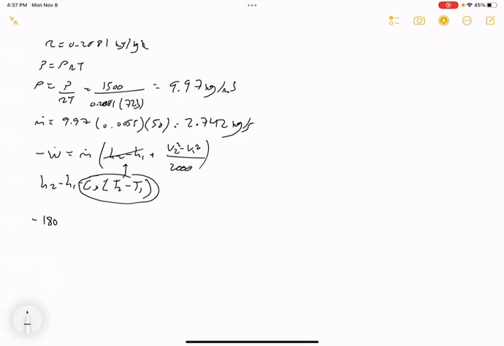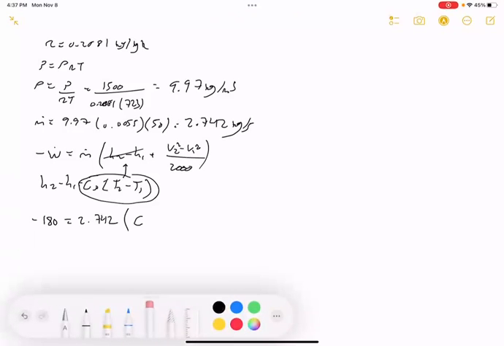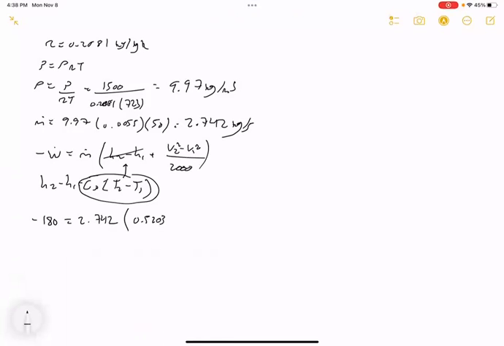So it's negative 180 kilowatts equals m dot, which we just found was 2.742, times this CP, which we can get from the property tables. Again, it should be in one of the first columns on that first page. And CP is 0.5203 kilojoules per kilogram Kelvin. Now, then we have T2 minus T1. T1, we're told, is 723 Kelvin.